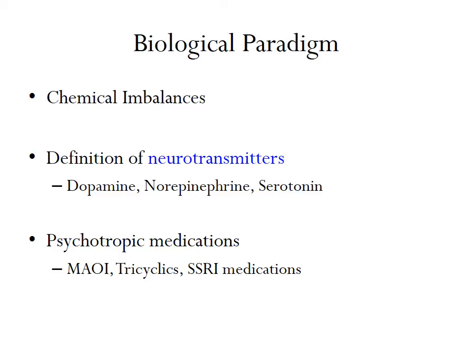Depending on the type of neurotransmitter and the problem associated with it, different types of psychotropic medications may be prescribed. In a coming week, we'll talk about psychiatric medications and how they affect brain functioning. But different types of psychotropic medications are used to address each of these neurotransmitters.